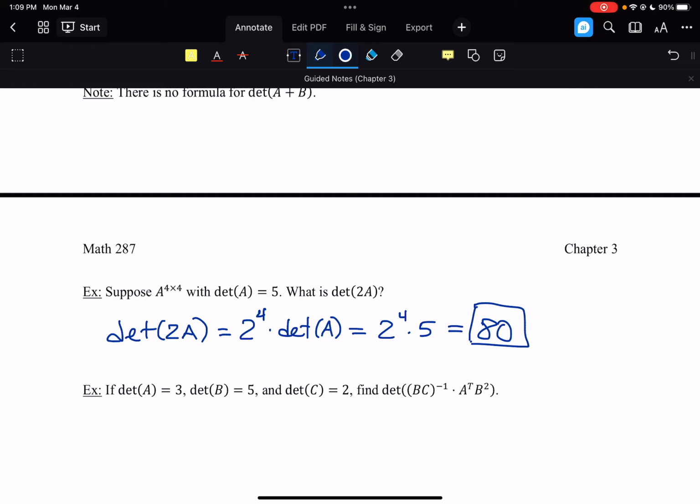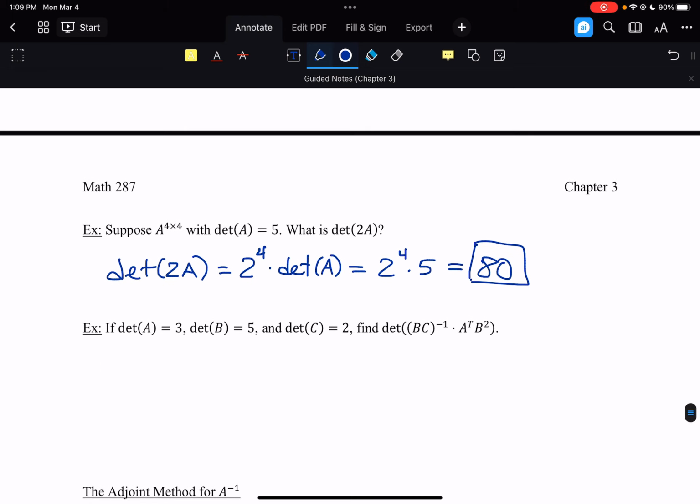Now, what about something a little more complicated? If we know the determinant of A, B, and C, find the determinant of this expression, this big matrix that's created by inverting, multiplying, transposing, and doing all that kind of stuff. So the determinant of BC inverse times A transpose B squared.